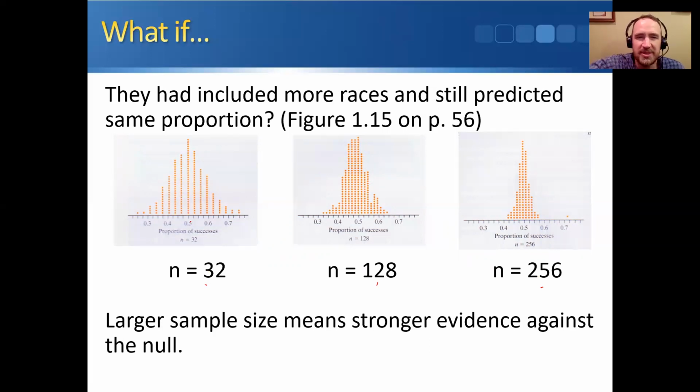What seems to be different about these three null distributions? If we ran the simulator and did it for 32 or 128 or 256, what seems to be the difference? This one is much wider, this one's narrower, and this one is really skinny. Now, how does that change strength of evidence?